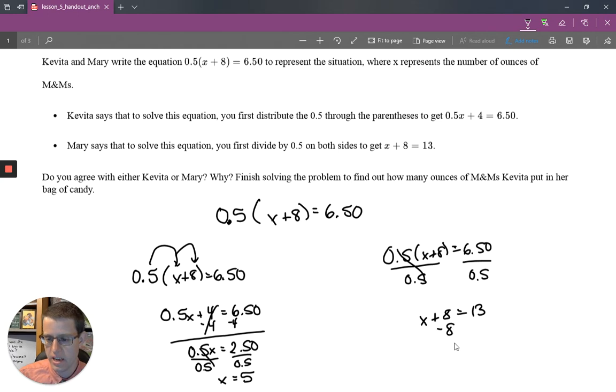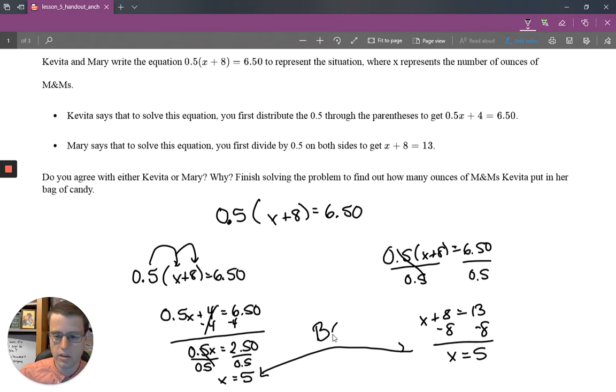We're going to subtract 8 from both sides, and we get x equals 5. So I'm going to agree with both here. And so how many ounces? 5 ounces. So ultimately, it doesn't matter in this question whether you distribute or if you divide, you'll get the same solution.